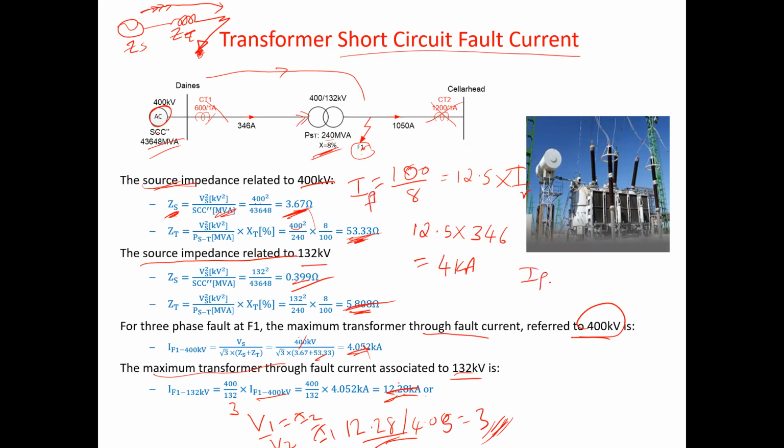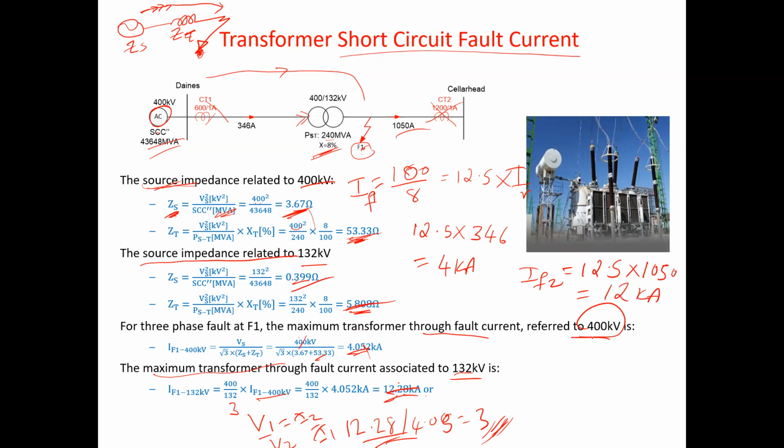IF2 now, the fault current on the secondary side, that will be again 12.5 times the rated current of the secondary, that is 1050, and then this will give me 12 kiloamp roughly.